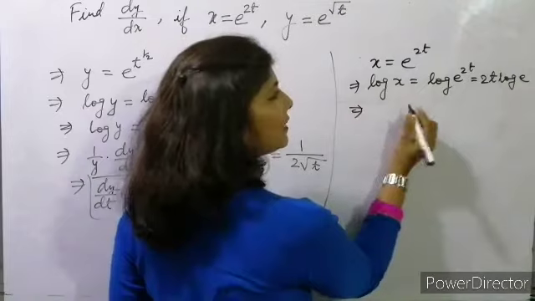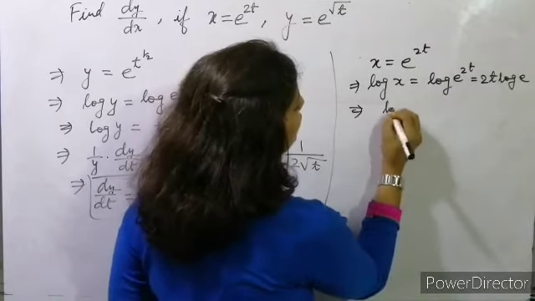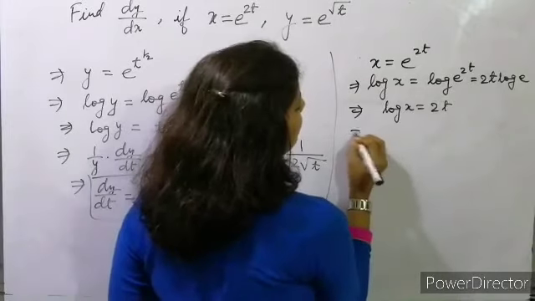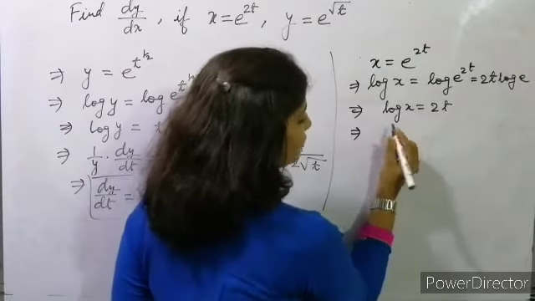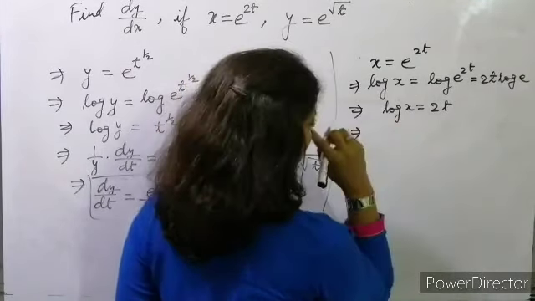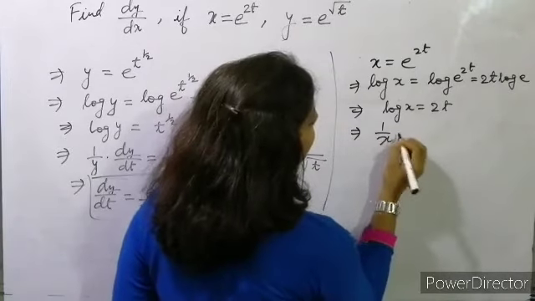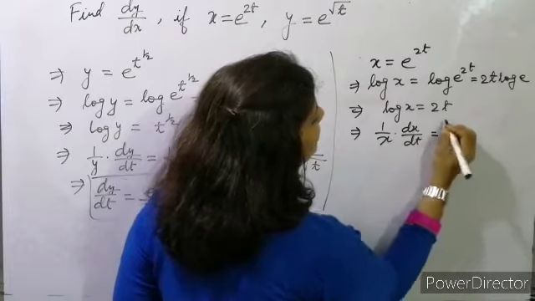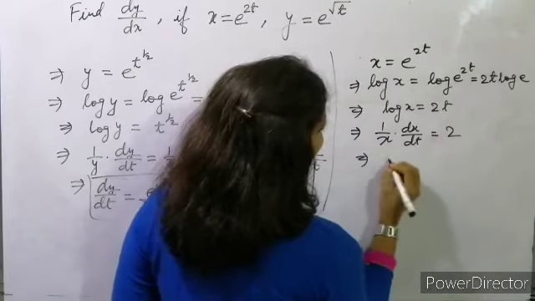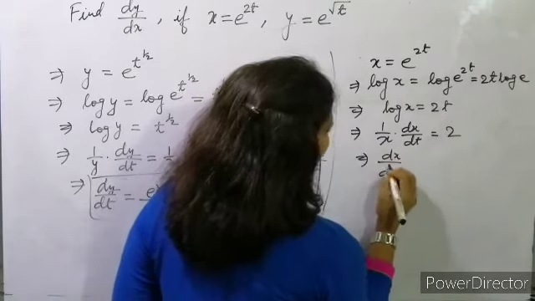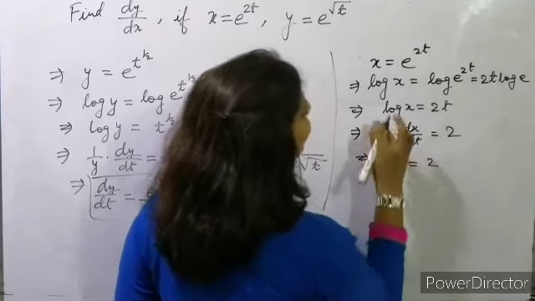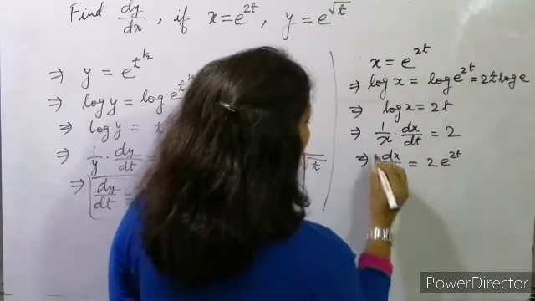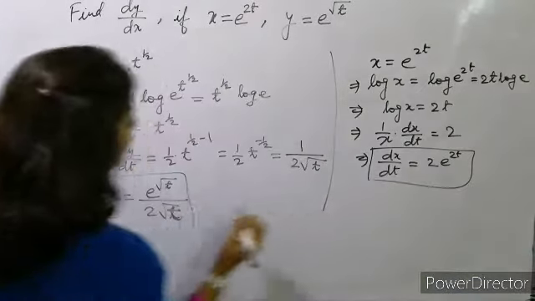Log e is equal to 1, so log of x will be equal to 2t. Now differentiating both sides with respect to t, we get 1 upon x multiplied by dx upon dt, equal to 2. So dx upon dt will be equal to 2 into x, and the value of x is e to the power 2t. So this will be the value of dx upon dt.